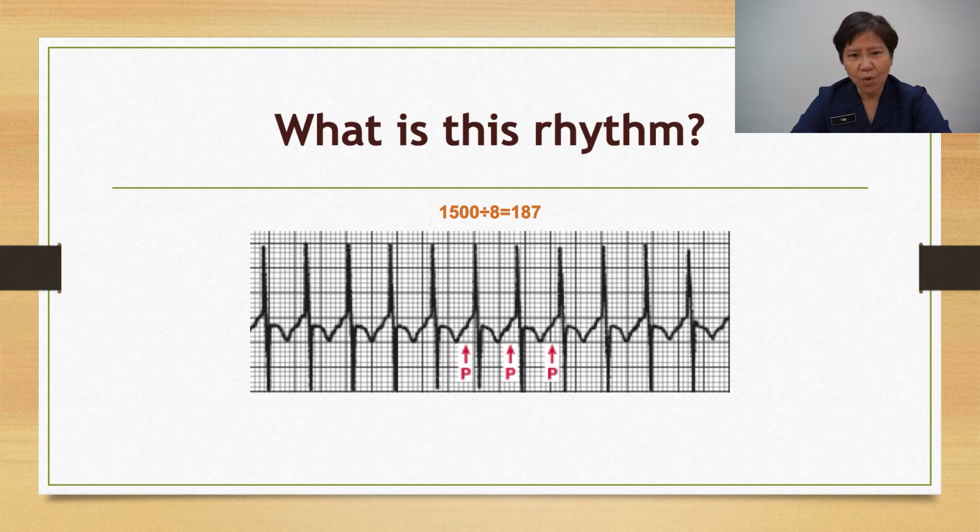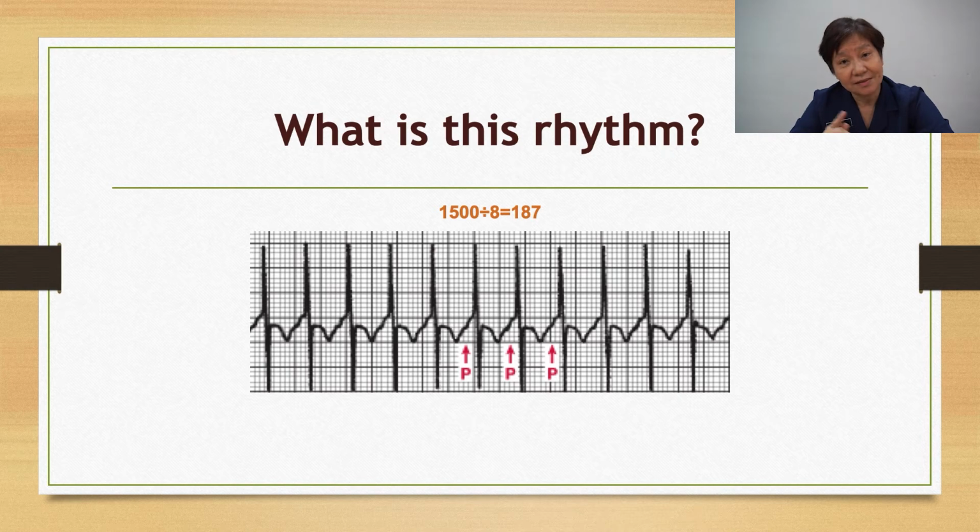How come the rate is so fast, 187? Can you say this is sinus rhythm when the rate is 187? Of course not. Can you see the upright small tiny P wave there that I show you over here? You can't see a nice P wave because the heart is beating so fast.